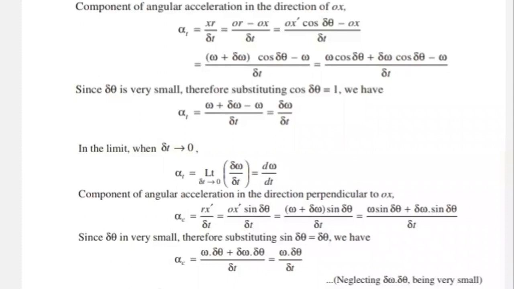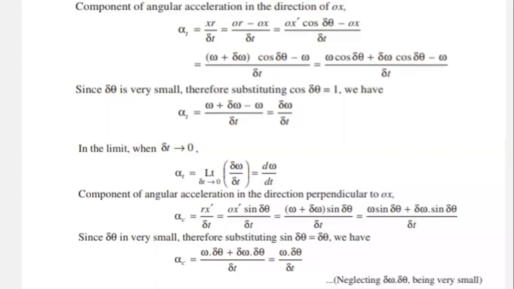So it is considered as alpha c, and the value obtained is omega sine delta theta plus omega delta into sine delta theta by delta t. Again, considering delta theta as a very small value, sine delta theta is taken as delta theta.